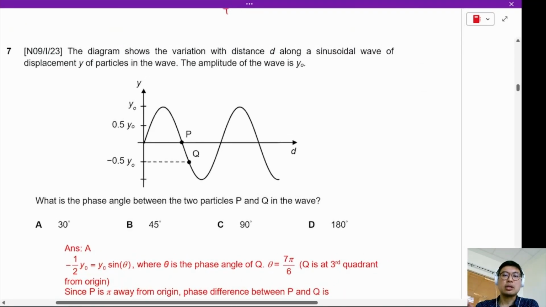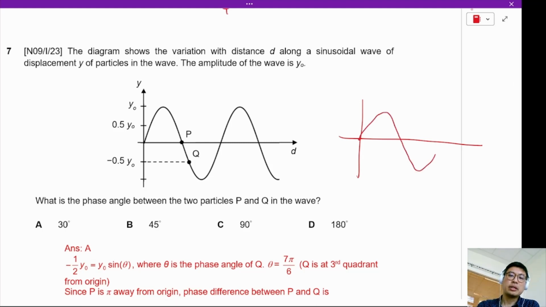Let me just go back to a sine wave. Over here, this is y and this is x. This is A. So the question is, what is the angle that gives you half A? We have y equals A sine x.